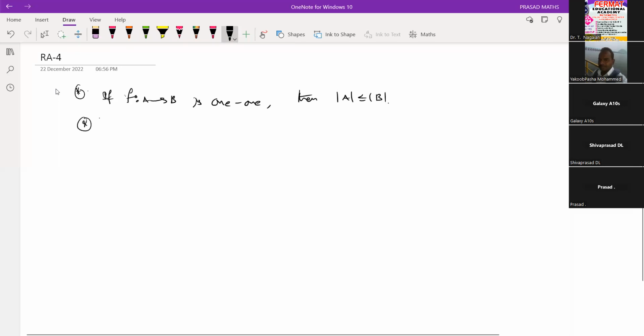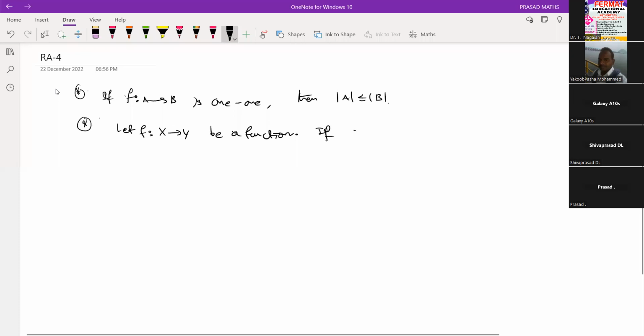Suppose let f be a function from X to Y, right?